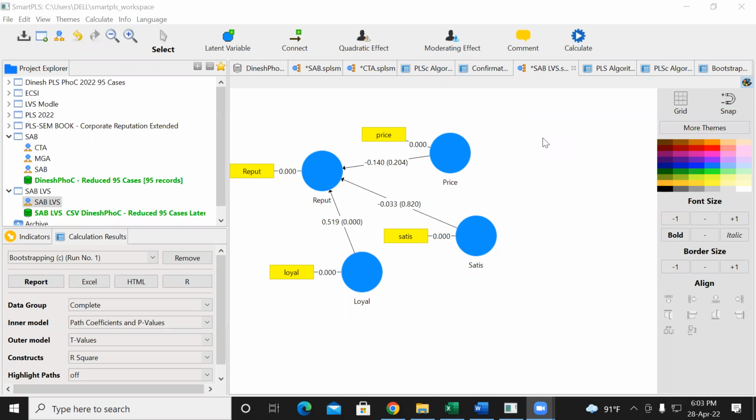In that case, you have to take your latent variable scores into R. That's why this latent variable concept is important. In R programming, you need latent variable scores.